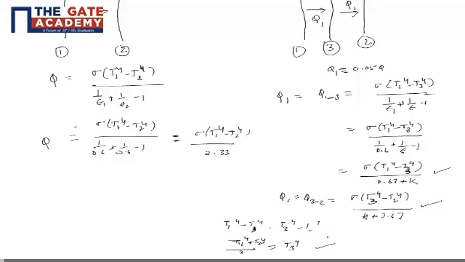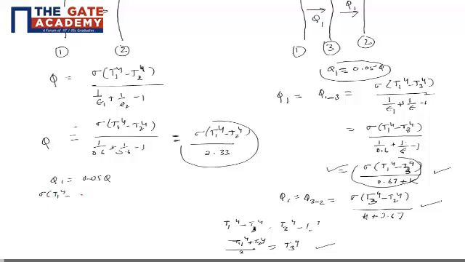The next thing is Q1 is given as 0.05 of Q, so I'll use this expression for Q1. So Q1 is sigma (T1 power 4 minus T3 power 4) by 0.67 plus K, and that is equal to 0.05 of sigma (T1 power 4 minus T2 power 4) by 2.33.